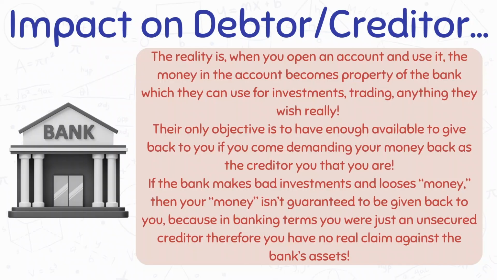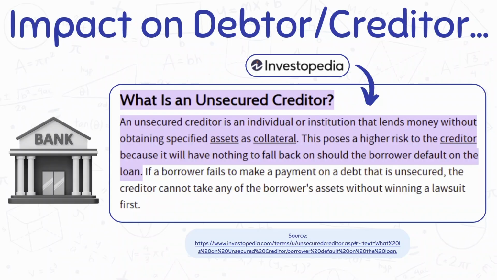If the bank makes really bad investments and loses money, then your money is no longer guaranteed to be given back to you, because you are always considered an unsecured creditor, which means you have no real claim to any of the bank's assets. This definition of an unsecured creditor helps bring some more clarity.